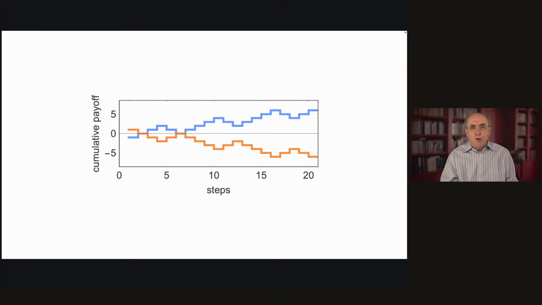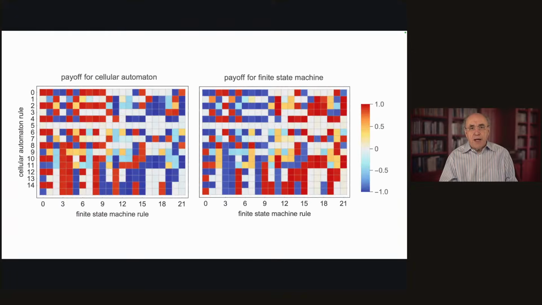So running all 16 cellular automaton rules of this type against all two-state finite state machines, the mean payoffs are these here. So that's a finite state machine on the x-axis playing a cellular automaton rule on the y-axis, and this is the average mean payoff the two different machines got in these cases.